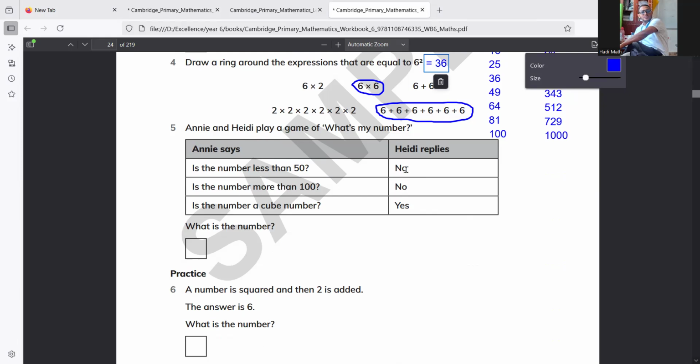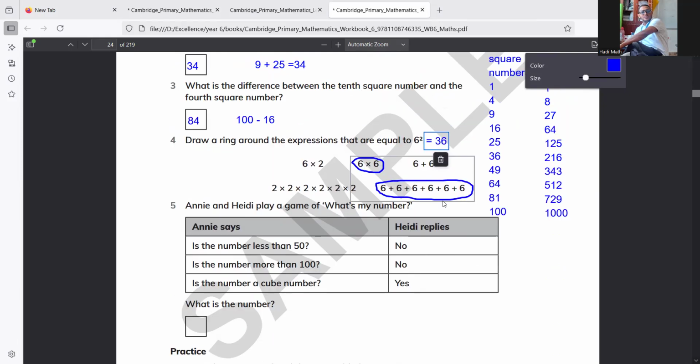She said no, so the number is less than 100, between 50 and 100. Is the number a cube number? She said yes. So we look at cube numbers more than 50 and less than 100. We have only one, which is 64. 64 is the only cube number bigger than 50 and less than 100. So the question is solved much more easily.